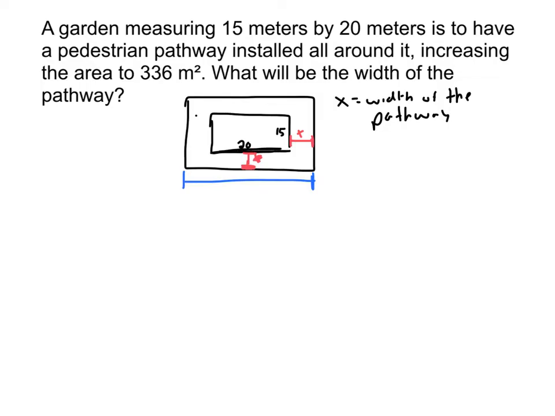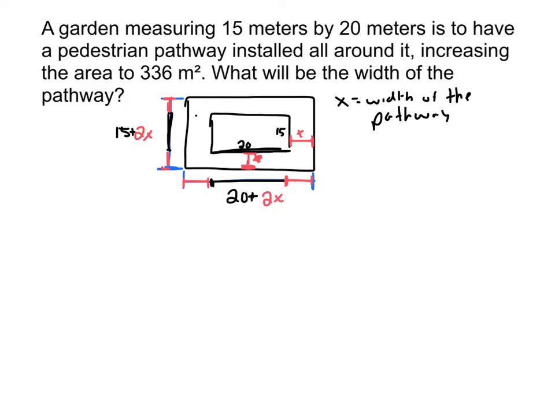But then it'll also be plus x, the distance left over between here and there, and also this distance over here is x, so 20 plus 2x. Similarly on this side, the distance is 15 plus x and x, so 15 plus 2x.